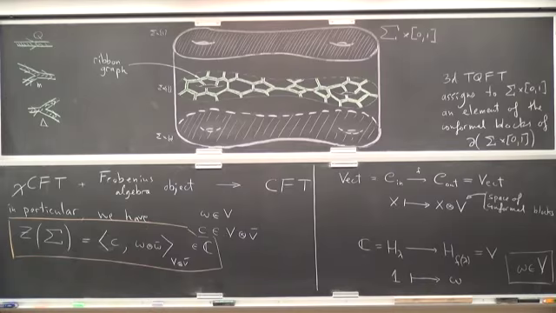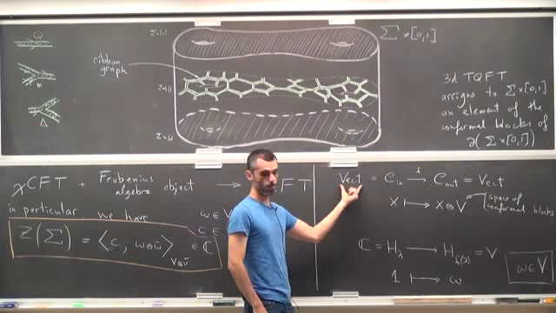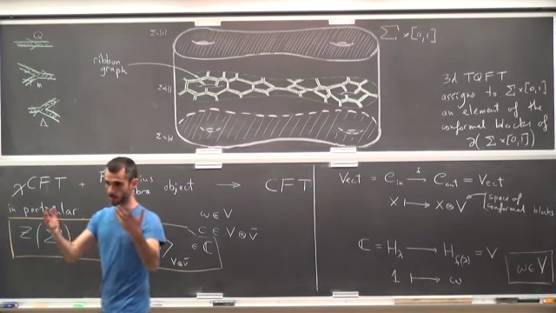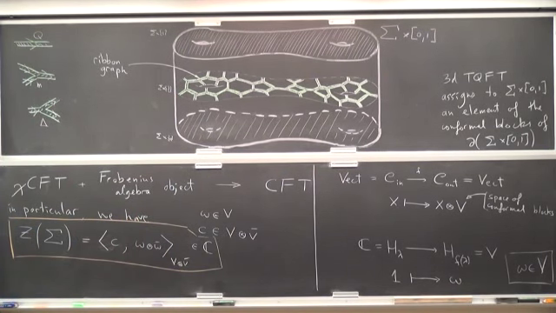So the product of numbers is just the usual product with unit 1. The product of vector spaces is tensor product with unit the complex numbers. The product of categories is a bit more fancy, and it has a unit, and that unit is the category of vector spaces. So that's why, because the manifold is empty, you're forced to put the unit for whatever notion of tensor product you have on your things.